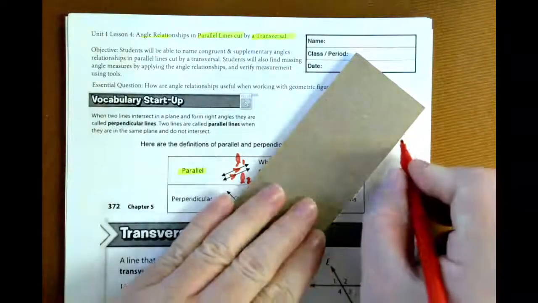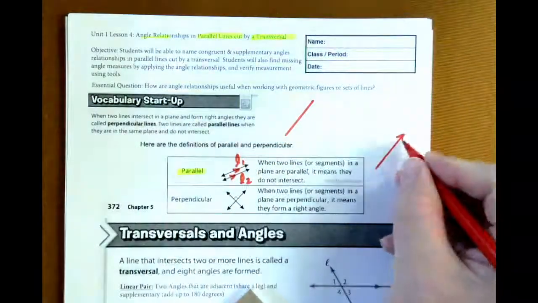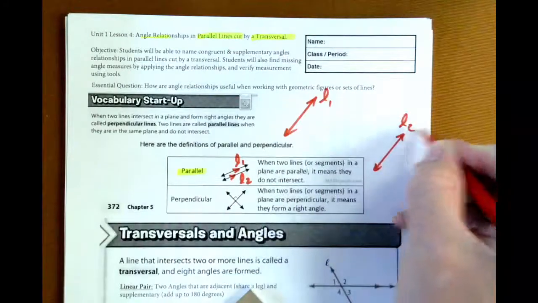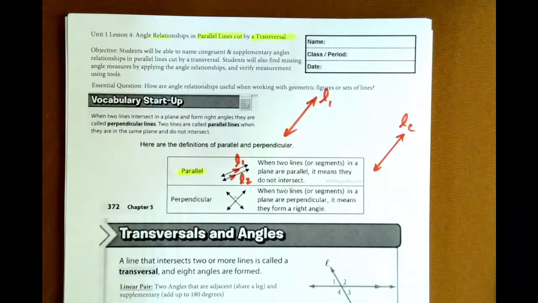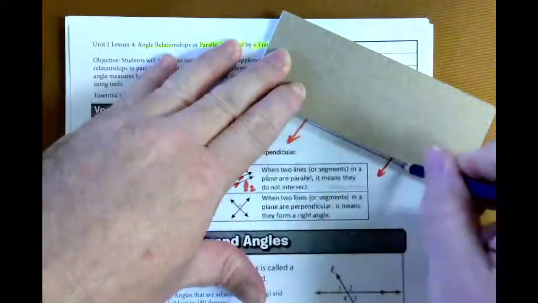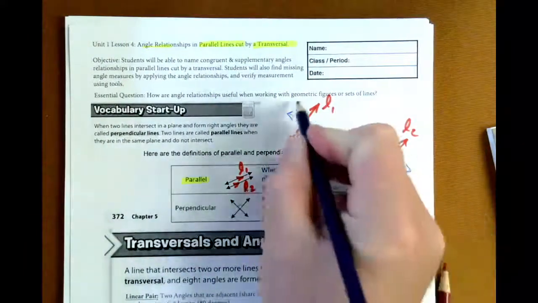We have these parallel lines, line 1 and line 2, going in both directions, and all of a sudden we have a transversal line that comes across and crosses these two lines a certain way, and we usually call that one line T.